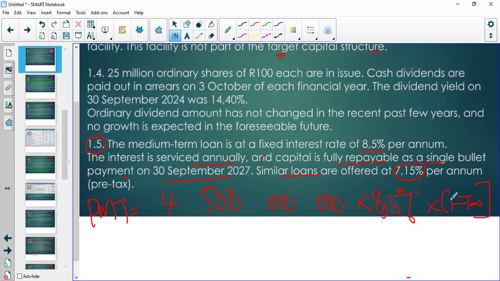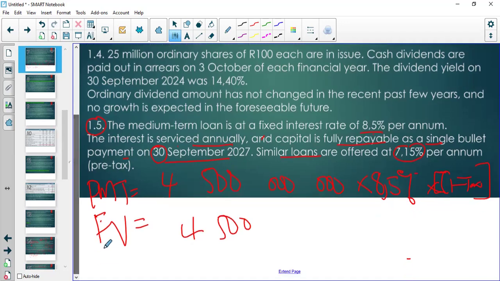I've taught you that for something that is redeemable, if we have a date of redemption, then we can use this formula where the future value is going to be equal to the 4.5 which you're going to pay in the future at redemption, and the number of payments left.